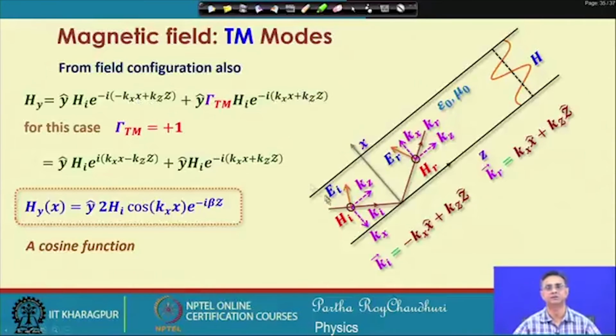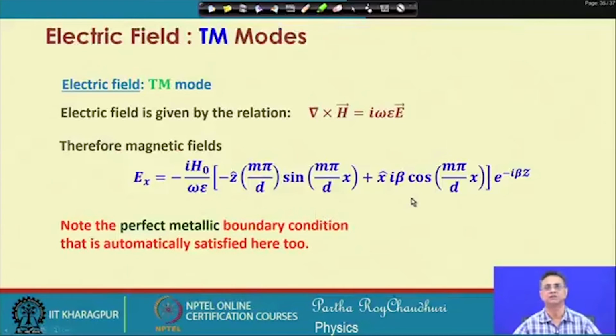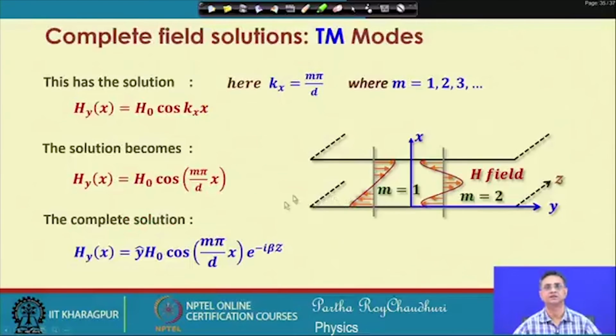One is forward propagating, that is x positive, another is x negative, and in this case for magnetic field this tau TM is equal to +1. So, if I plug in this value of this tau, then I can rewrite this equation in this form, which will lead to this form of the equation. So, this is again a cosine function for hx. So, that is what we have seen earlier also, that the hx field is a cosine function.